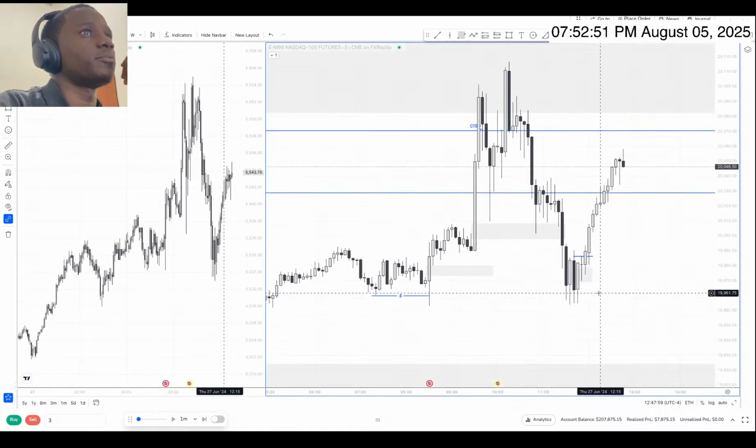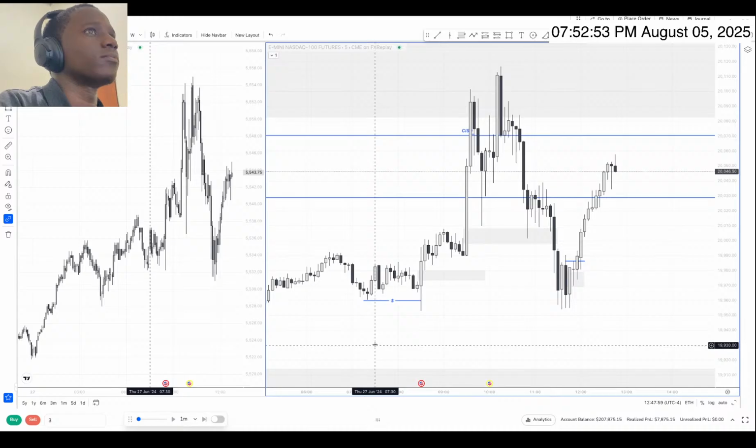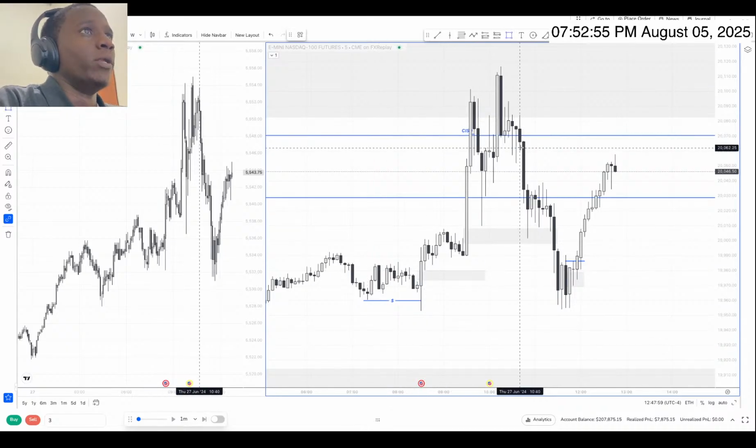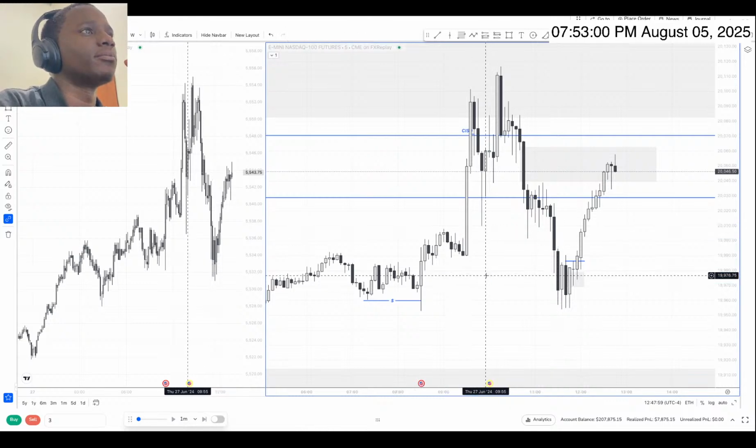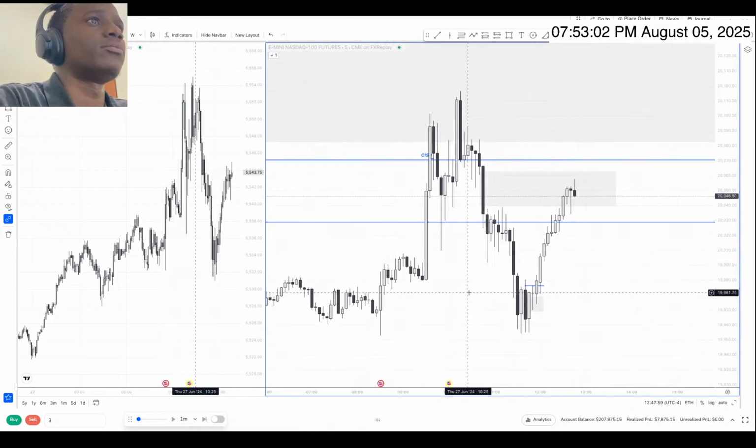So this is a very nice push actually, but we have this 5 minute fair value gap. This is the morning session. Let's remove these.